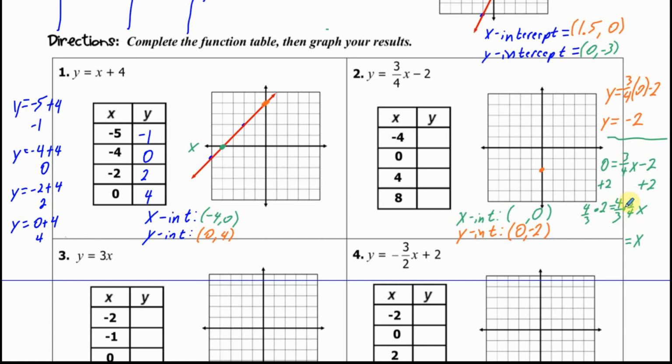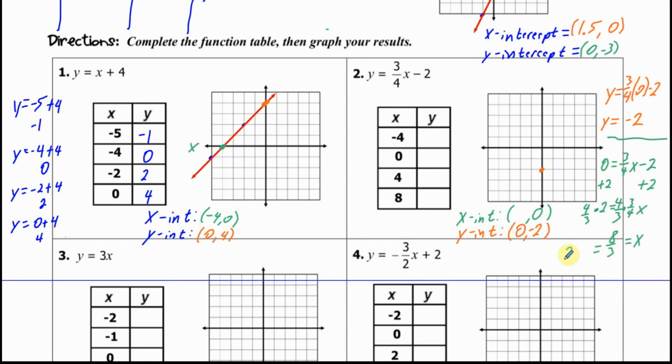So you get 12 over 12, which is 1. So we have 1x. Now over here, I've got to multiply 4 times 2 and put that over 3. So I'm going to have 8/3.